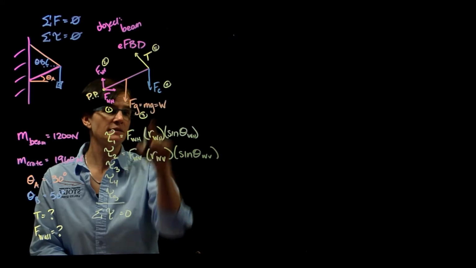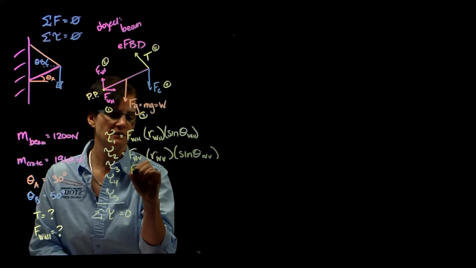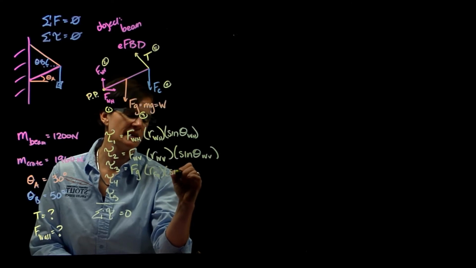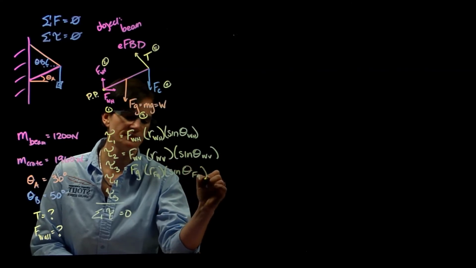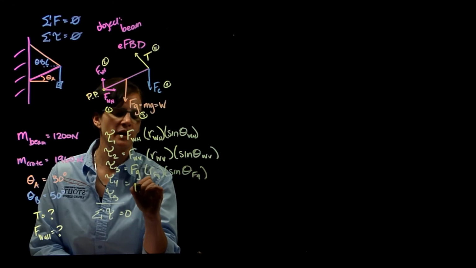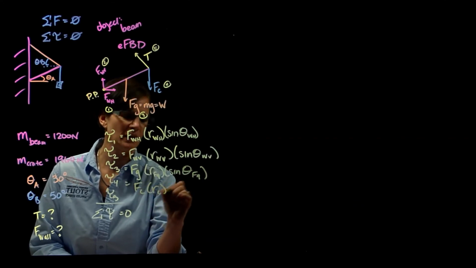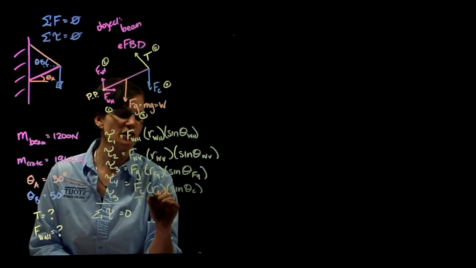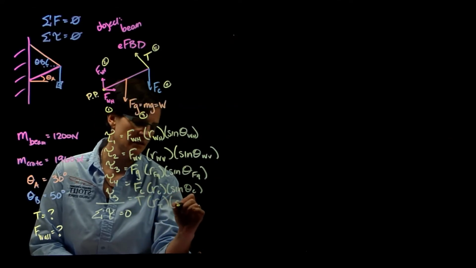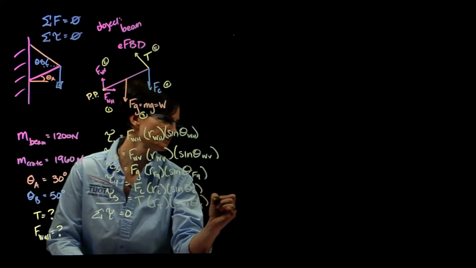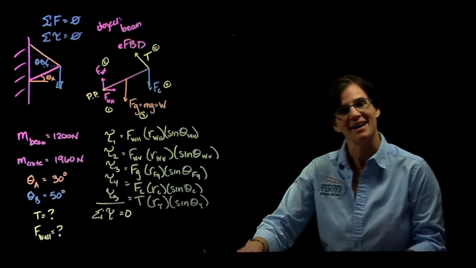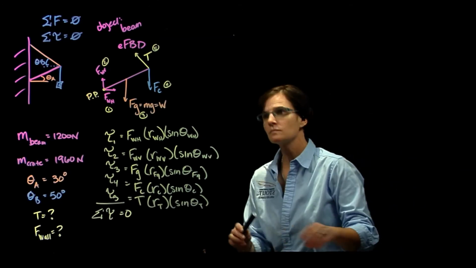Torque 3, that's my force of gravity, times the radius for the force of gravity, times the sine of the angle for the force of gravity. Torque 4 is my crate, times the radius of the crate, times the sine of the angle for the crate. And torque 5 is my tension, times the radius for the tension, times the sine of the angle for the tension. All right, so now we need to identify those radii and those angles on our free body diagram.